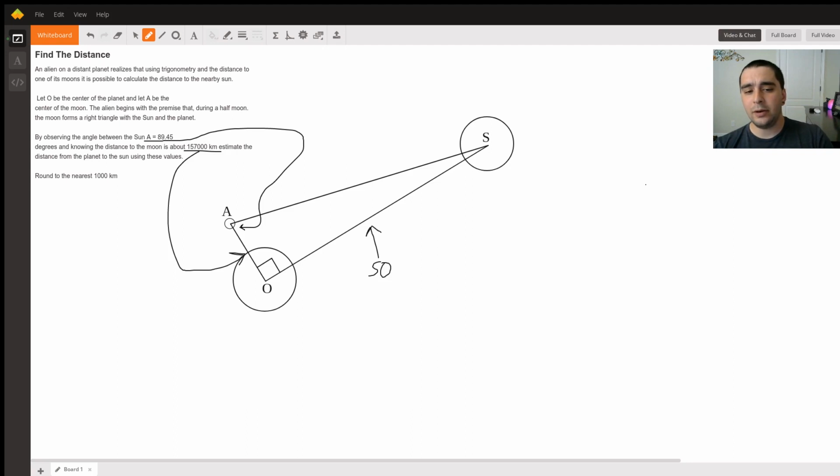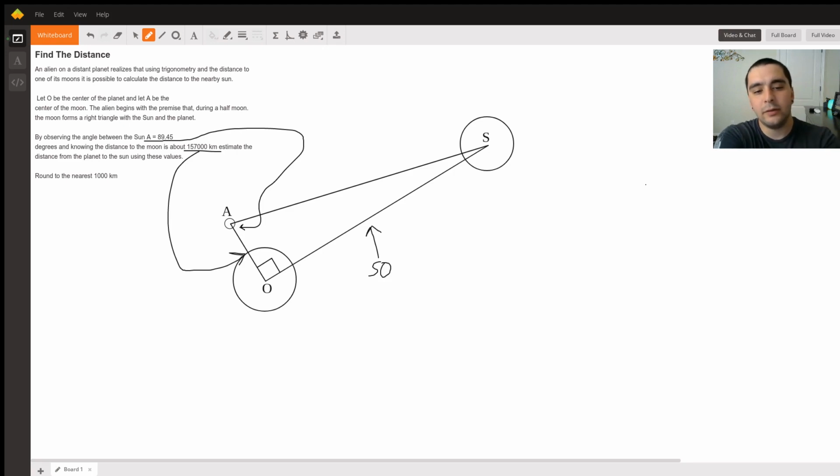So this angle should have the moon as the vertex, not the sun, because it wouldn't make sense. In that scenario, your planet would be right on top of your sun, and your moon would be really, really far away. Your planet would fall into the sun, and you're crispy, and not really a good time.